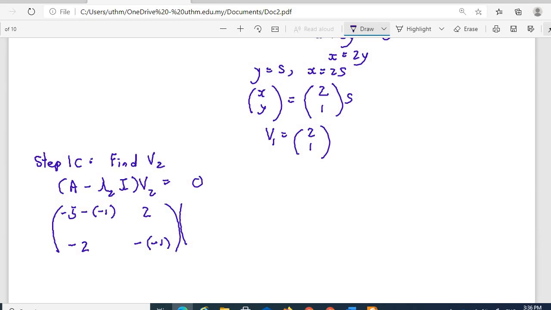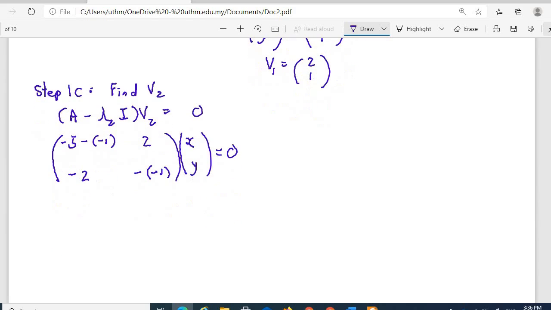V2 also we let it equal to x, y, equal to 0. Simplify it, you will get this is negative 5 plus 1, so negative 4. This is negative 2, this is 2, this is positive 1. And then x, y equal to 0.